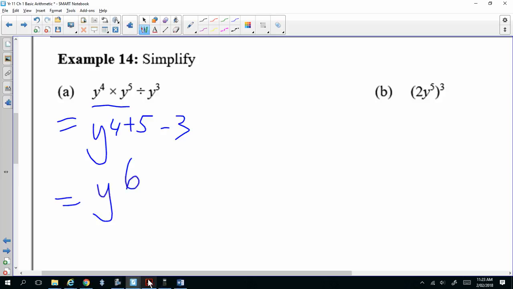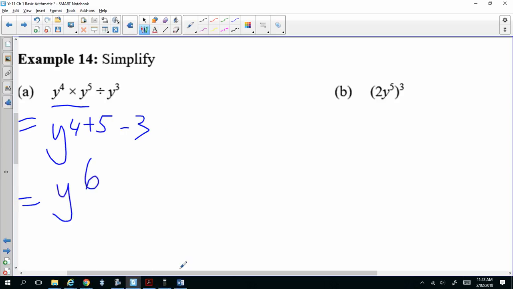Now we'll move on to the next one. The next one is using the distributive index law. Both the 2 and the y to the power 5 get the power 3, and we distribute the indices. Then we do the calculation. For 2 cubed, it's 8 because it's 2 times 2 times 2.